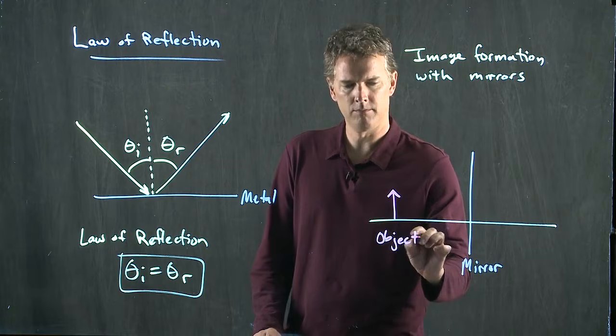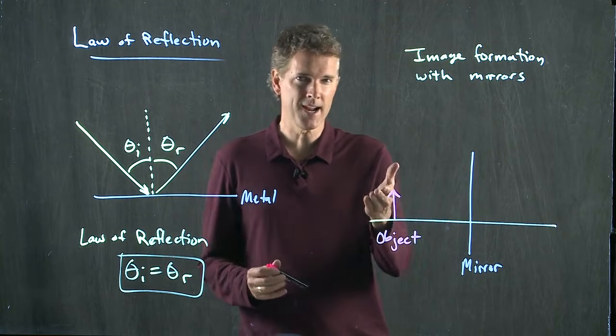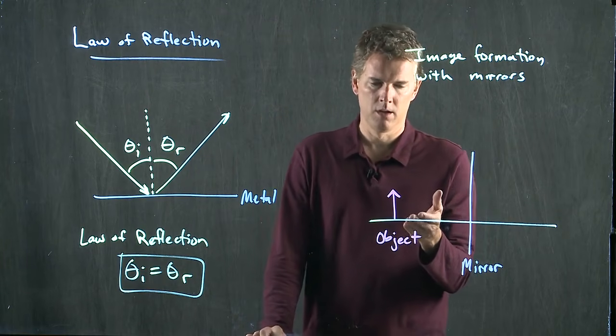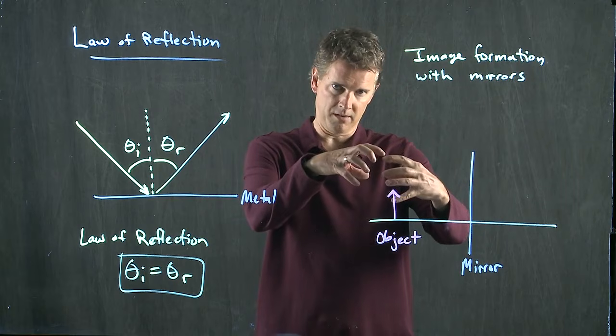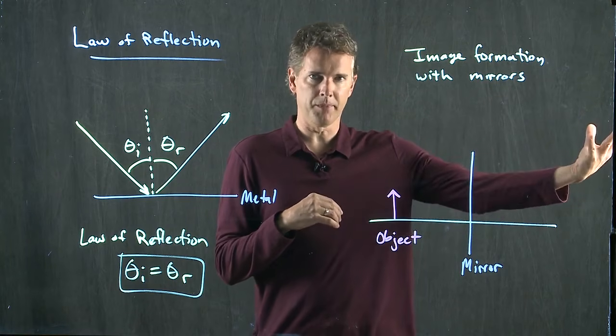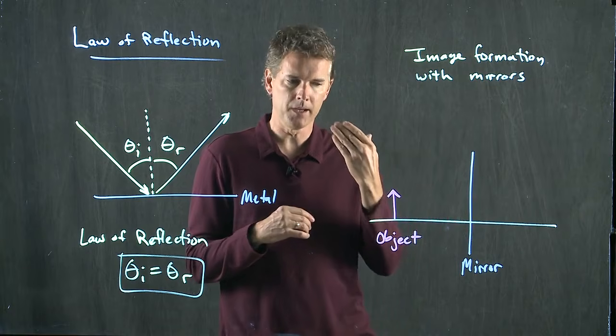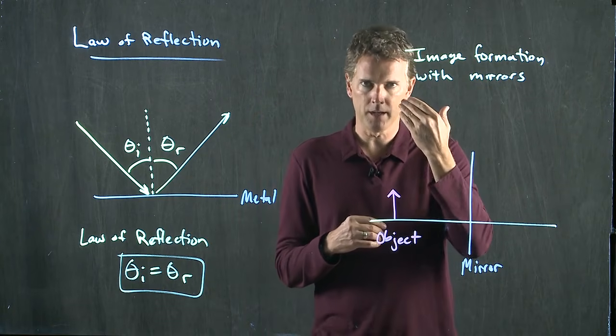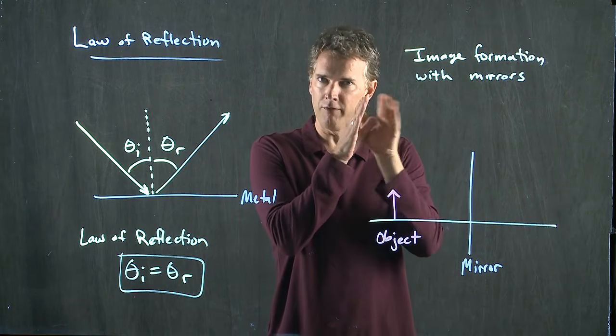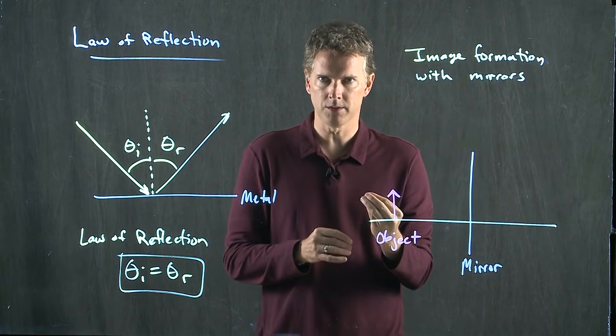Well, first of all, how are those rays generated at all? Light illuminates the object, just like light from these lamps is illuminating me. Every single point of me is reflecting rays in all directions.